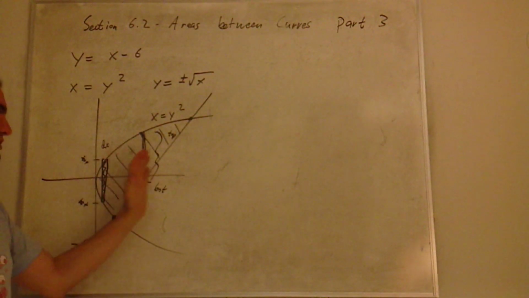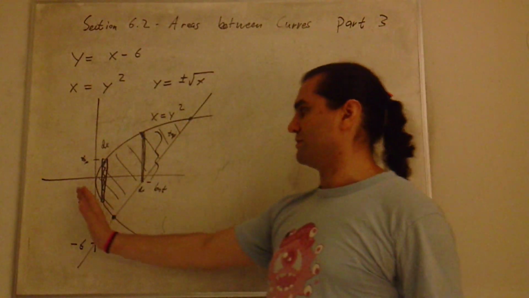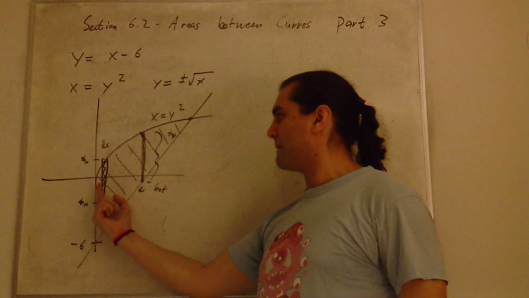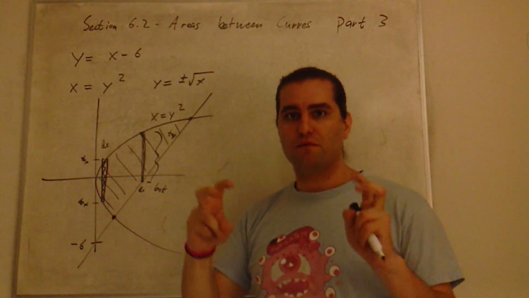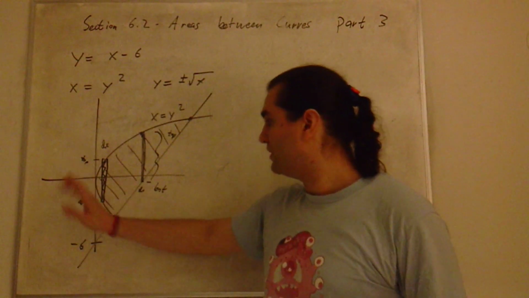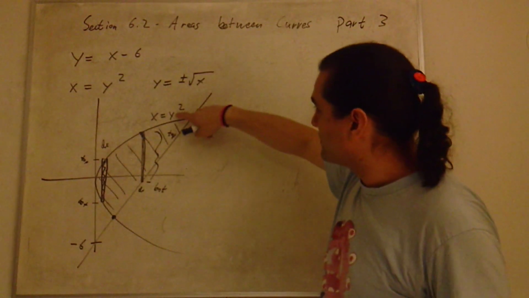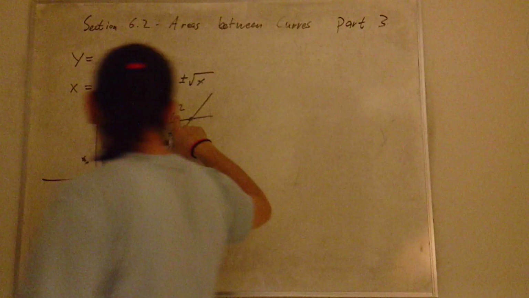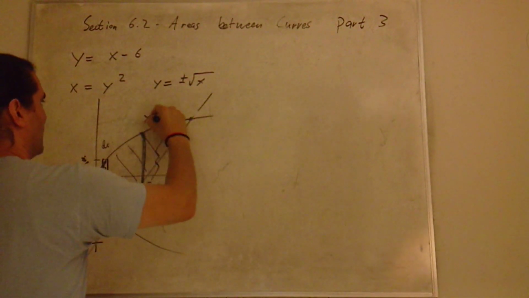Here's the problem with doing it like this. In this region, the function that is the bottom of the region switches about halfway through. Over here, the top is x equals y squared, or while we're doing it this way, let me write this as y equals square root x.